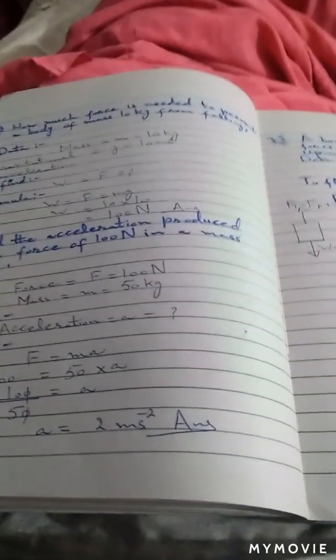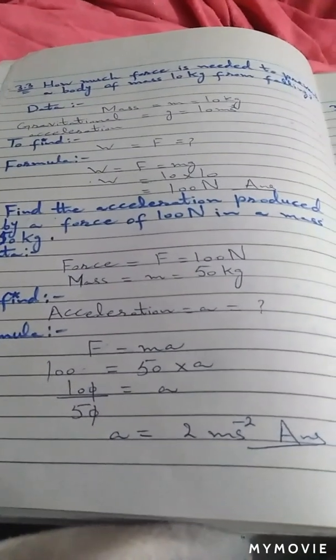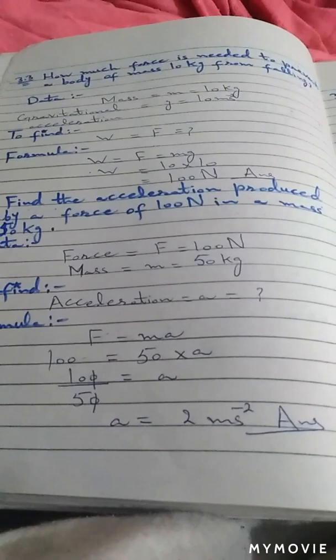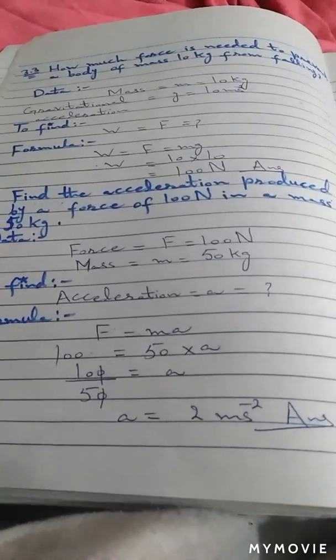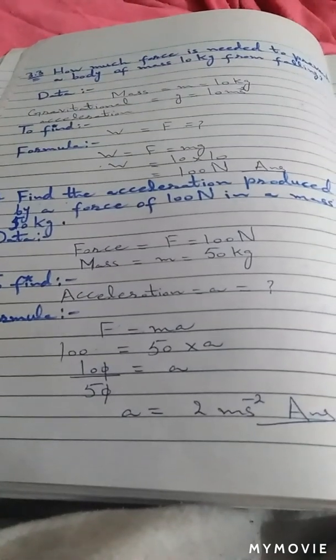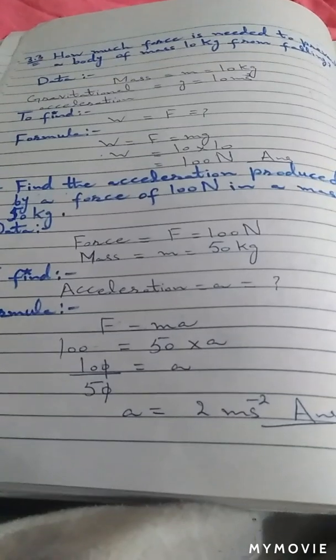So our fourth numerical will be: find the acceleration produced by a force of 100 Newton in a mass of 50 kg. So force here is 100 Newton, mass is 50 kg.